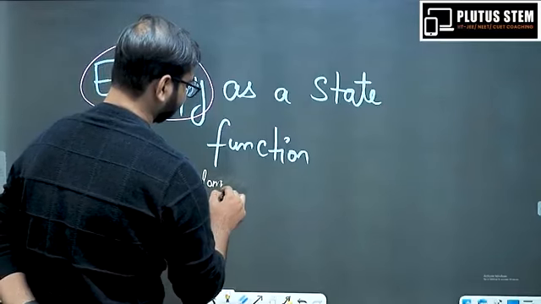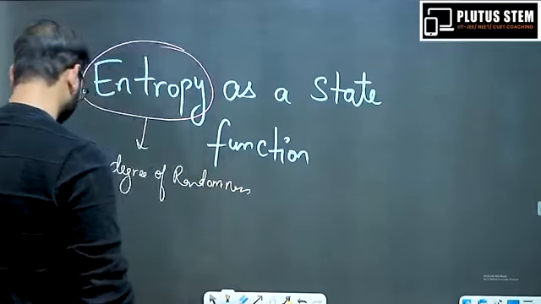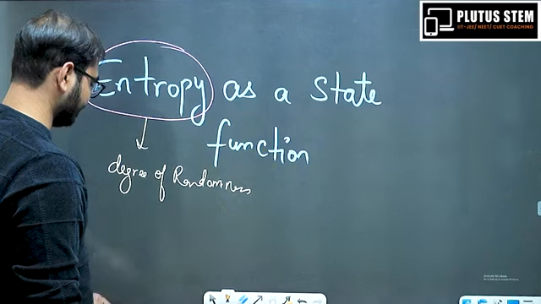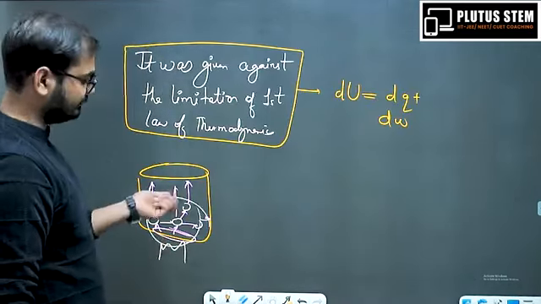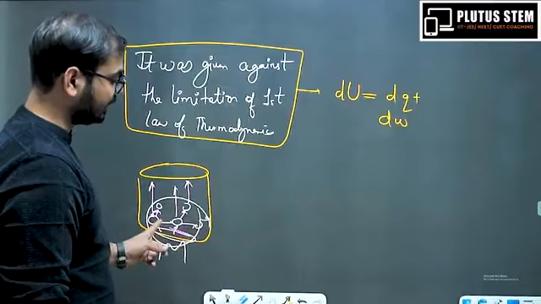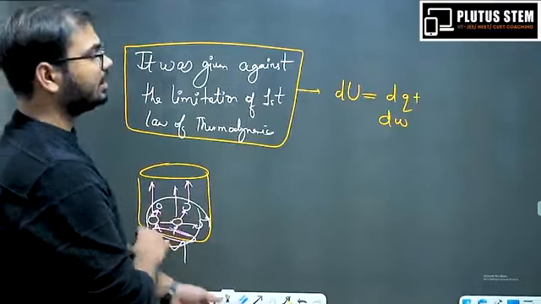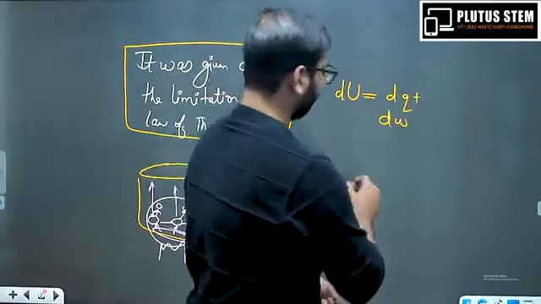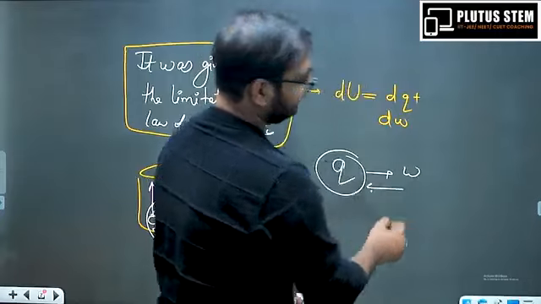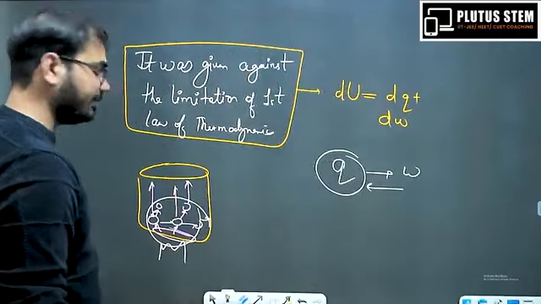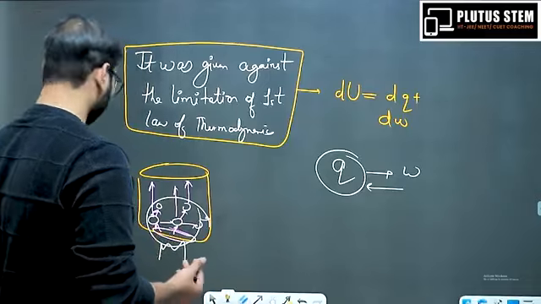Since some amount of heat is being supplied here, you will find that some particles are moving on the upper side and colliding with each other, which leads to the loss of heat. We already know that heat gets converted to work done or work done gets converted to heat, so there will be some loss of work here.